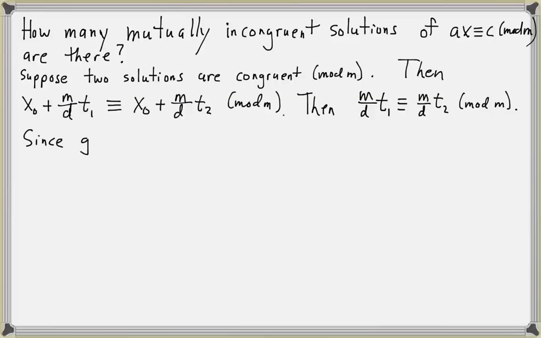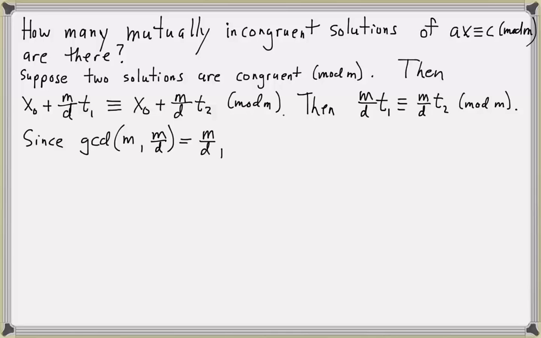Since the greatest common divisor of m and m over d would have to equal m over d, because m over d is a factor of m, then when I divide both sides of this last congruence by m over d, I've got to divide the modulus by m over d as well.